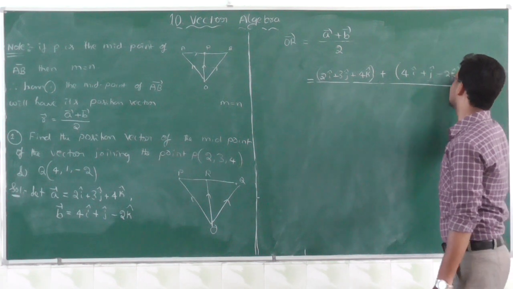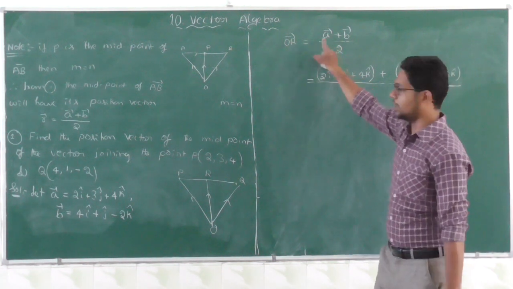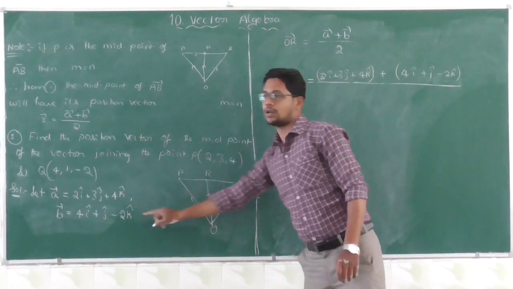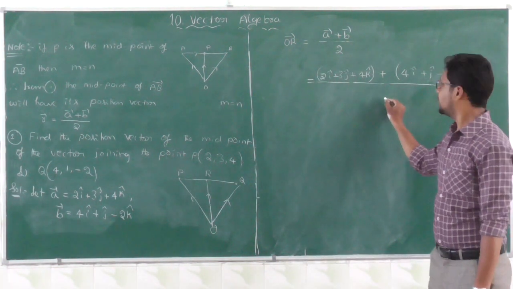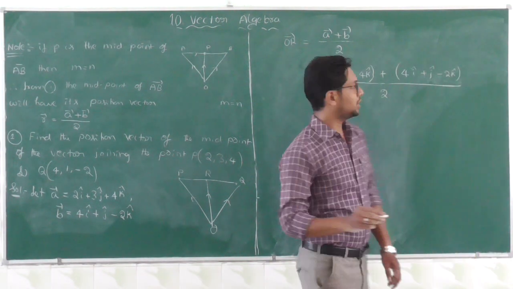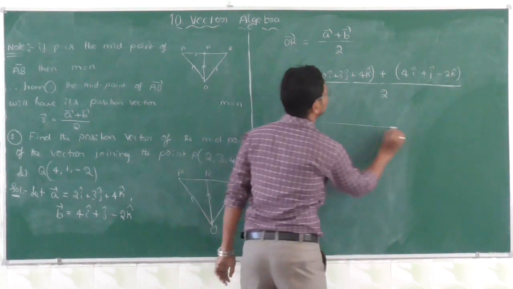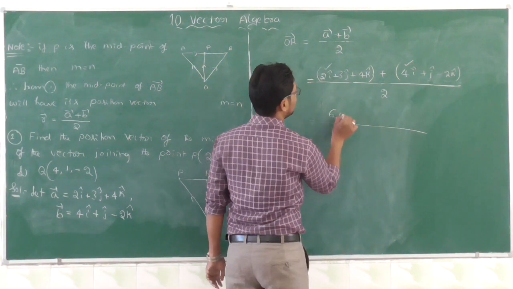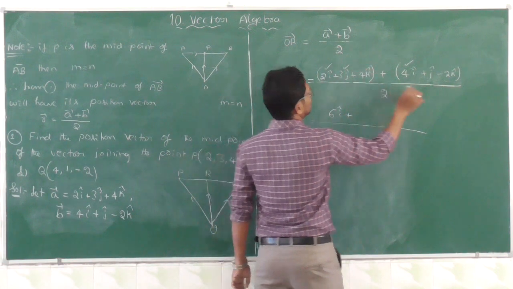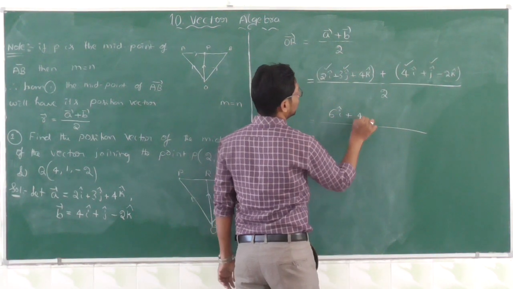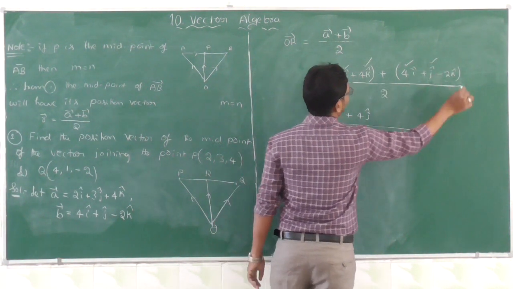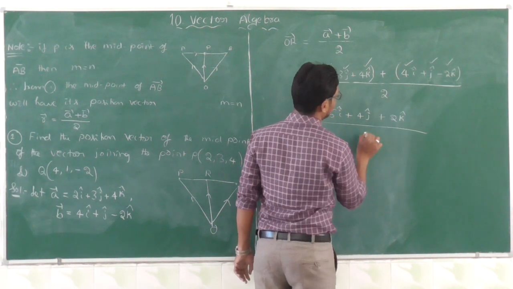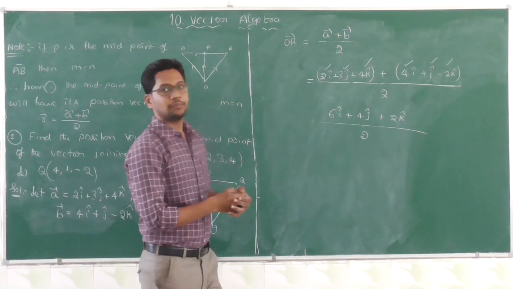I am substituting the vectors. Here we have the sum of the vectors: 2i plus 4i is 6i, 3j plus j is 4j, and 4k minus 2k is plus 2k, divided by 2.